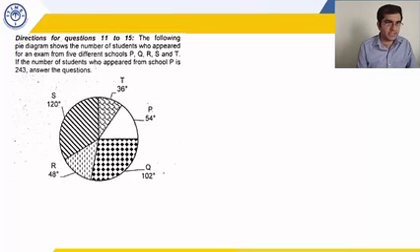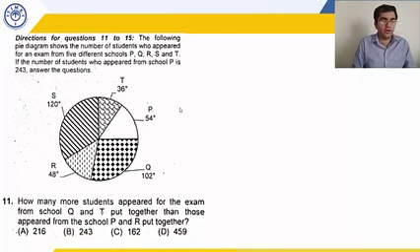Basically, you are given that there are students belonging to 5 different schools, and the number of students who appeared from school P, 54 degrees, corresponds to 243. Based on this, you will have the questions. Take 30 seconds.